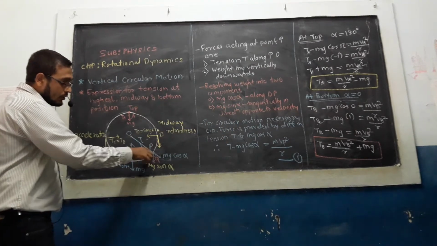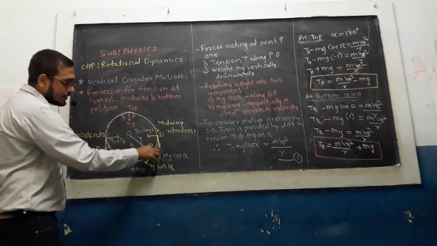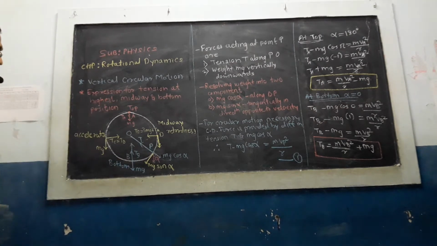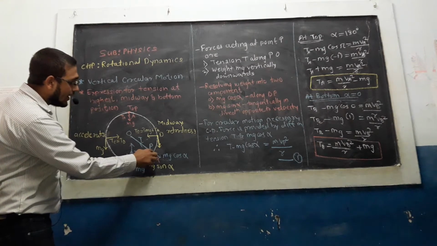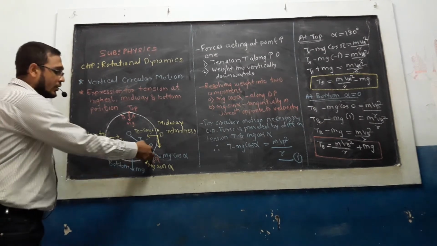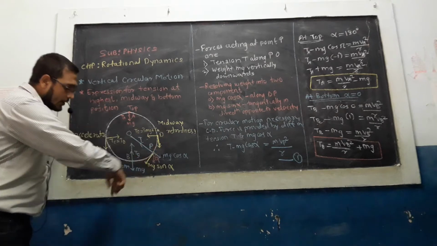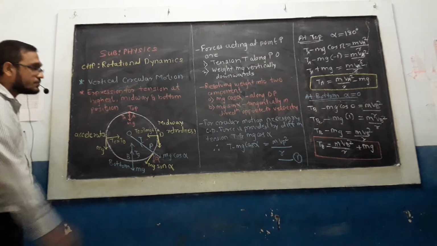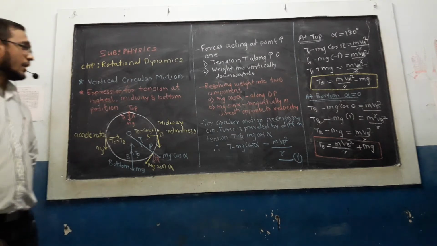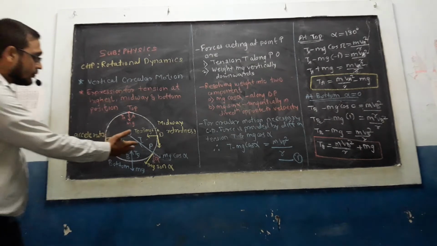The velocity at point P is nothing but the tangent at that point. So mg sin alpha is tangential and opposite to the velocity. Velocity is in this direction and mg sin alpha is in this direction. So this is the mg sin alpha component of weight.